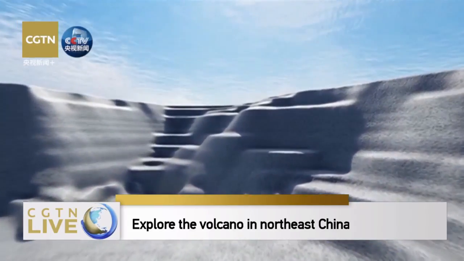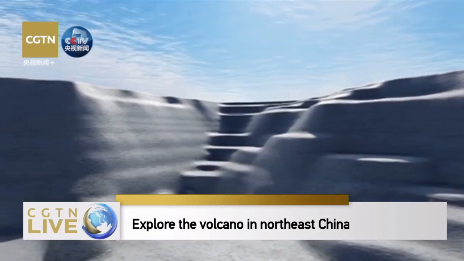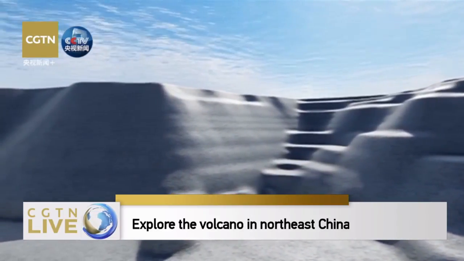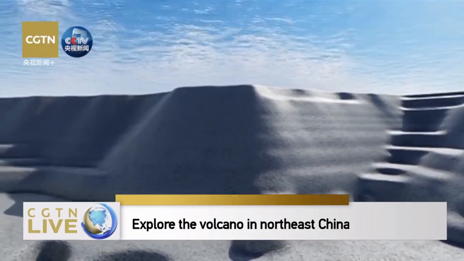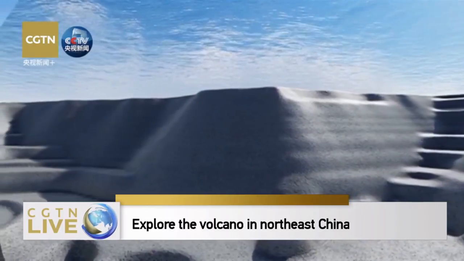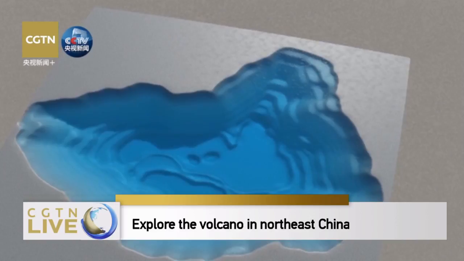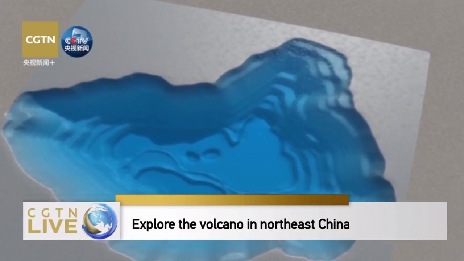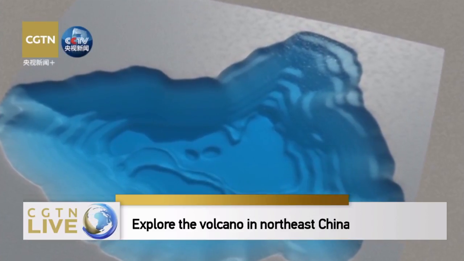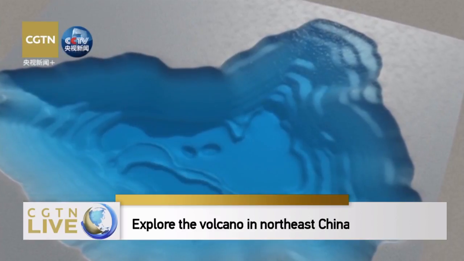This must be the maximum depth point, 373 meters. And this must be a lava channel. According to my personal estimates, one of the holes was formed 50,000 years ago, and another hole was formed maybe more than 1,000 years ago.